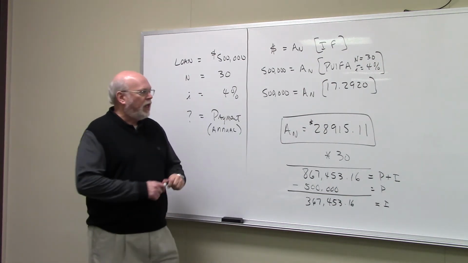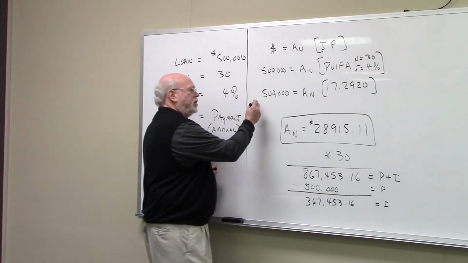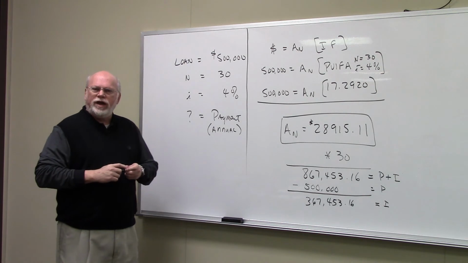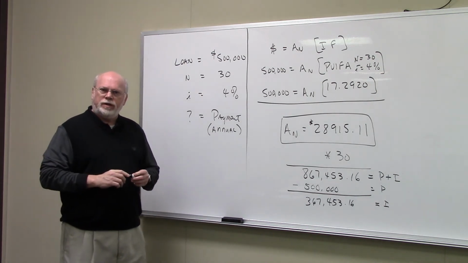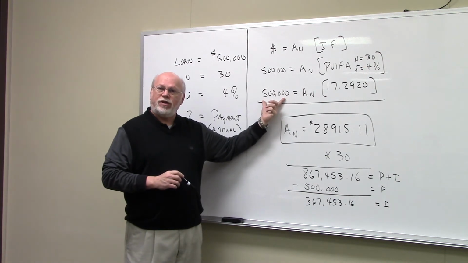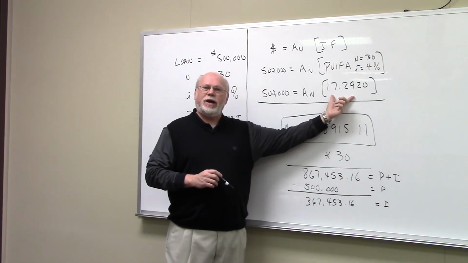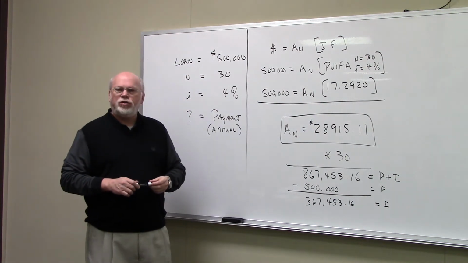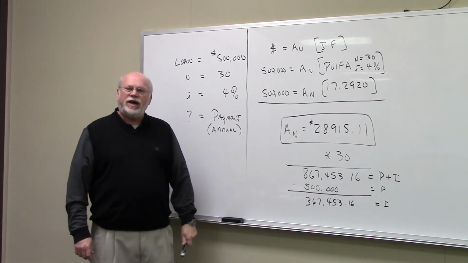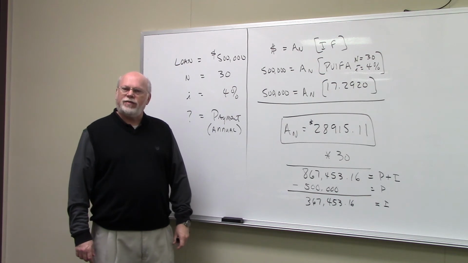17.2920. Now, as a student, I want you to understand, you will always end up with one equation and one unknown. How do you solve for this? Well, you take 500,000 and divide it by 17.2920. And what you get is $28,915.11.